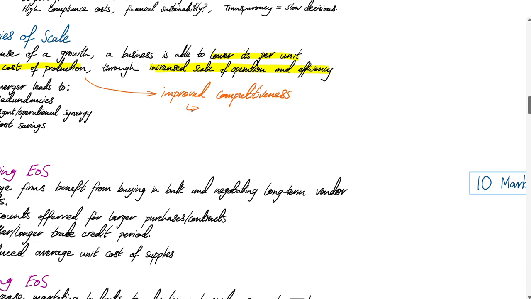So improved competitiveness via larger margins, or via lower prices, right? We can either have a price parity or price proximity strategy, lower prices.